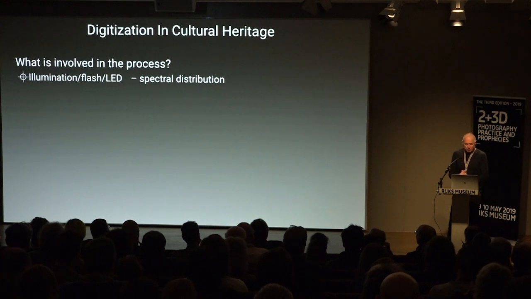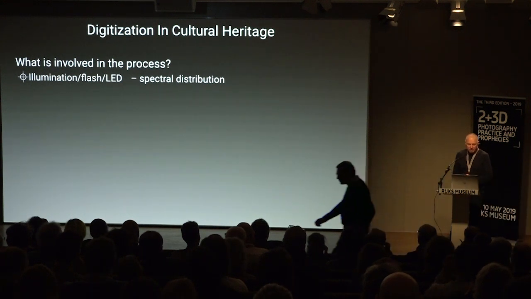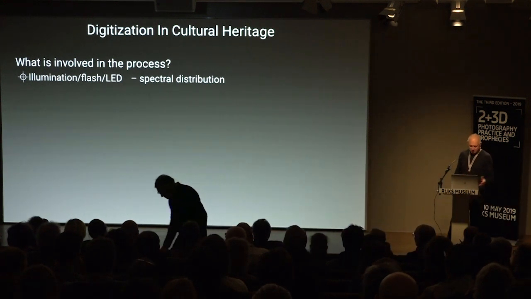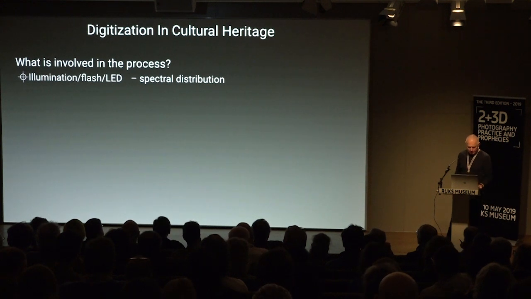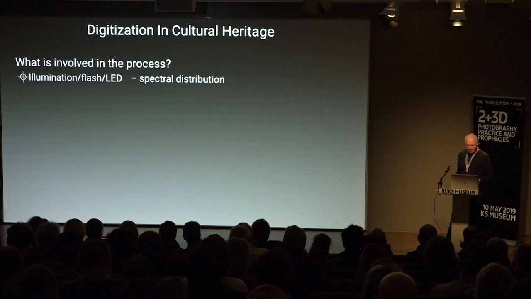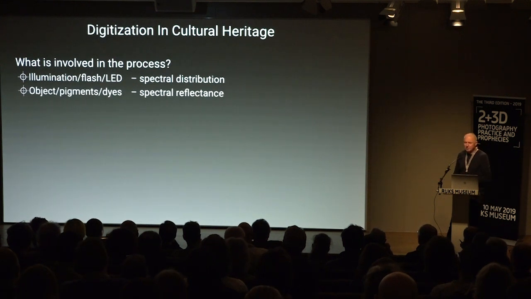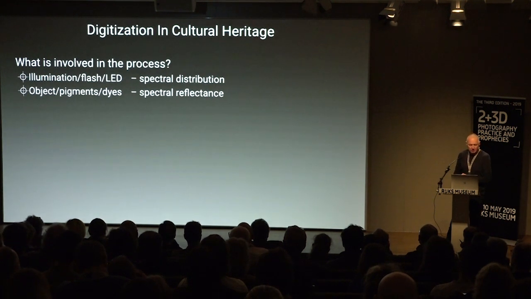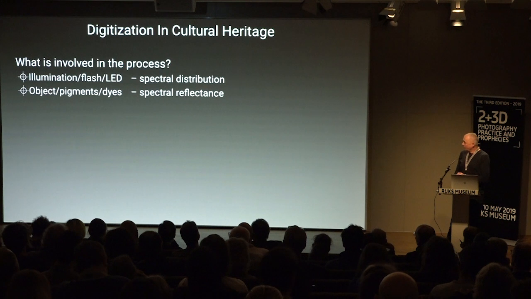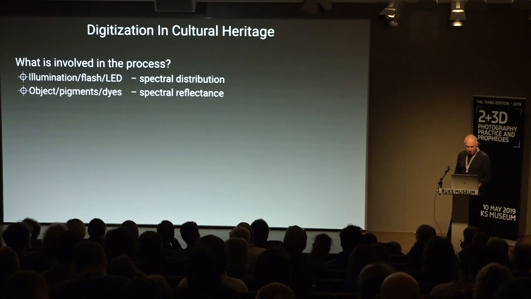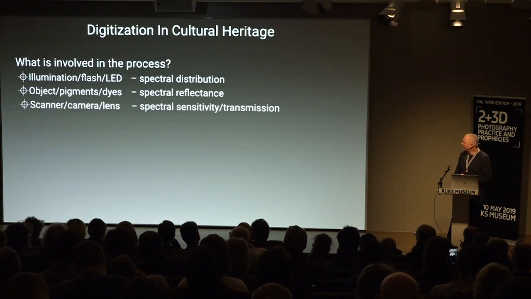What's involved in the process of digitization in general or in cultural heritage? It's the illuminant that allows us to take a picture at all: no light, no picture, no color. It's, of course, the pigments or dyes in the object that we want to capture, the spectral reflectance of that.